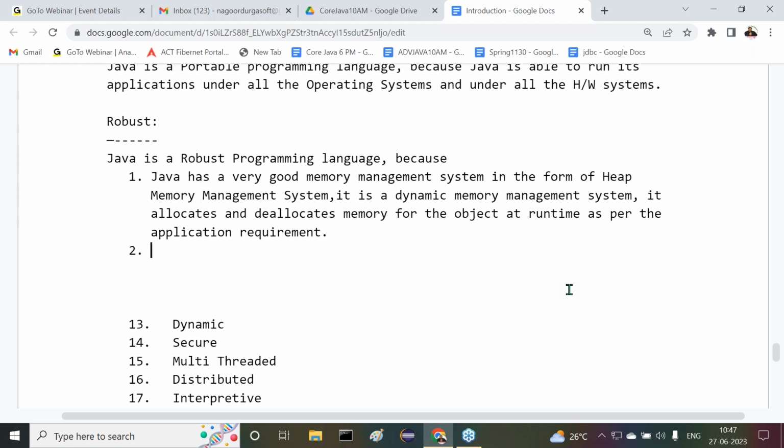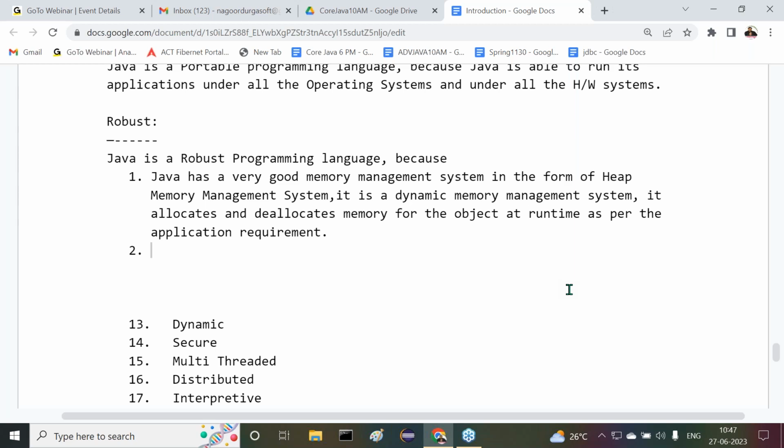Then I execute the program and get the output. Missing semicolon is an error we got at compilation time. It is a syntax error basically. So these types of errors are normal programming errors. But what is the point I am telling you?